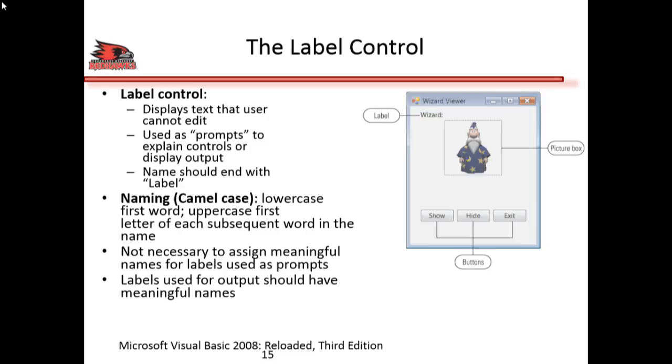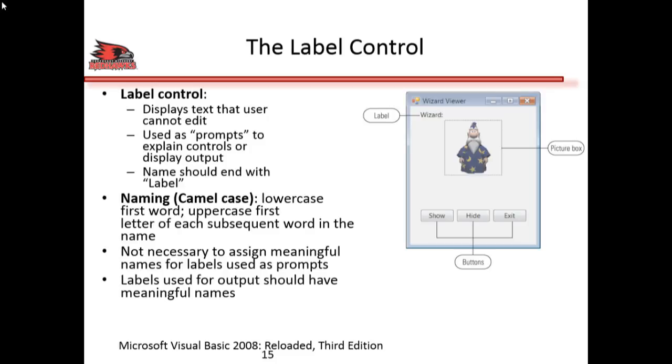category label or whatever. And the general trend of naming the label is called camel case, and it's basically lowercase in the first word and uppercase for each subsequent word.